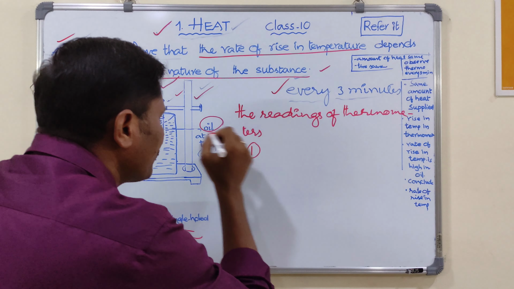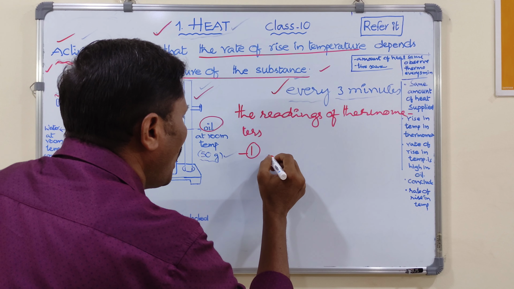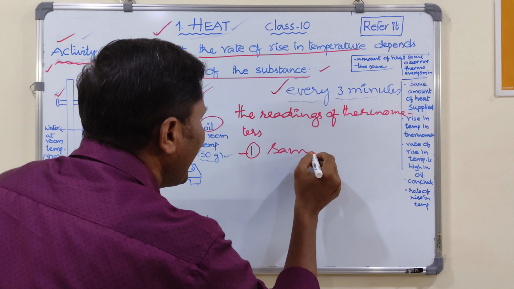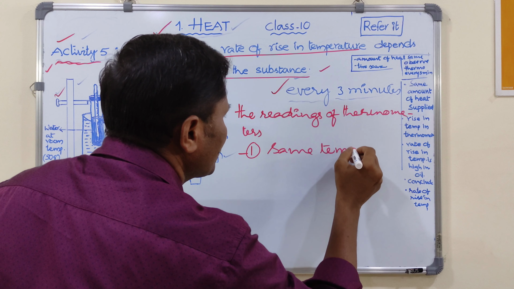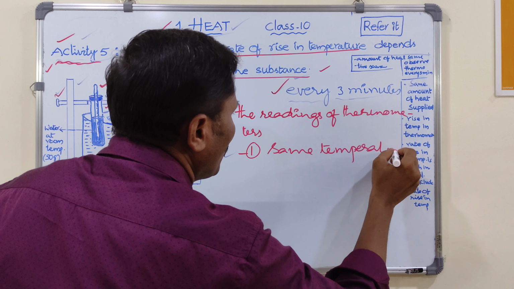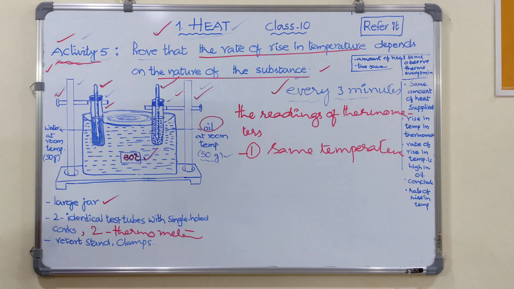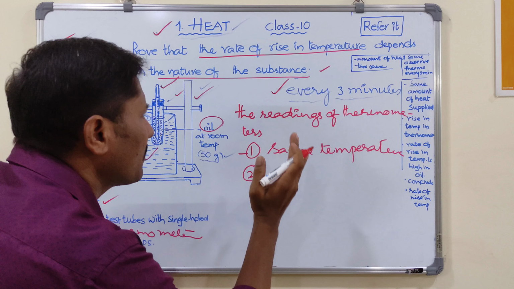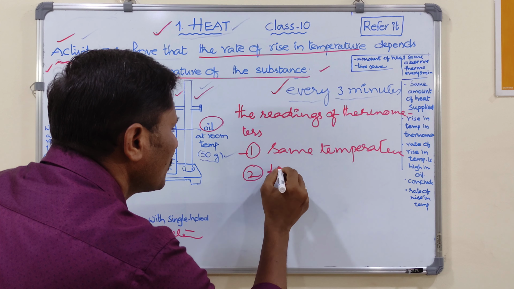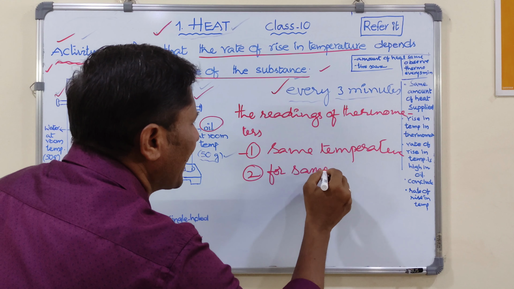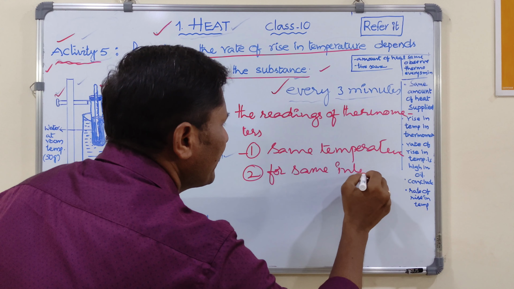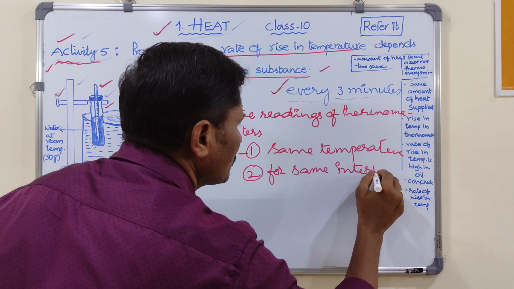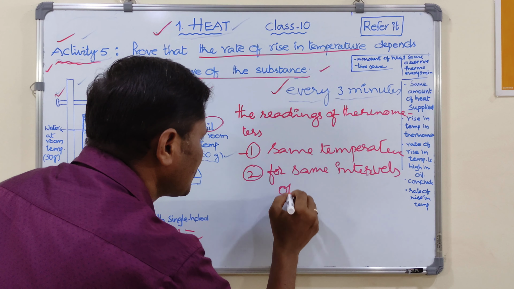First point here, these two are supplied the same temperature, 80 degrees of water, and then we are observing the readings of the thermometers for the same intervals of time.